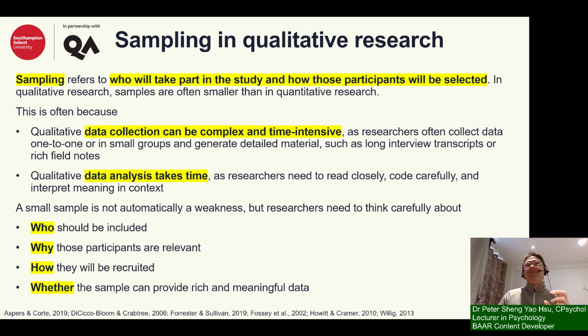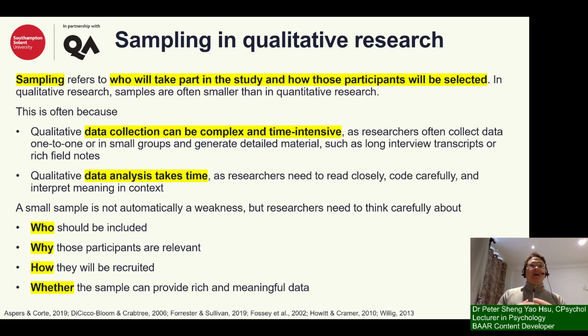They also need to examine not only what participants say, but also how ideas connect across the data sets. If there are many interviews, this becomes a large amount of detailed data. So, a small sample is not automatically a weakness. The important issue is whether the sample is appropriate for the research question.